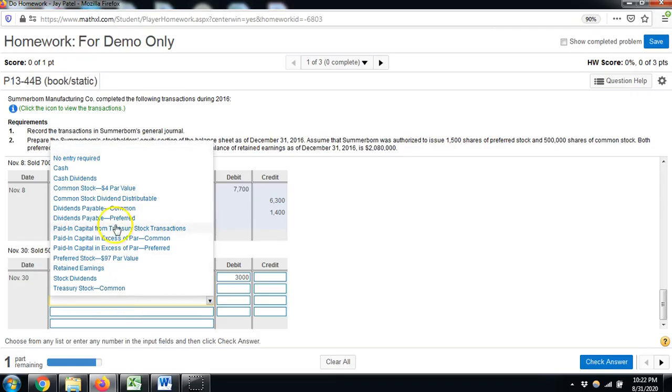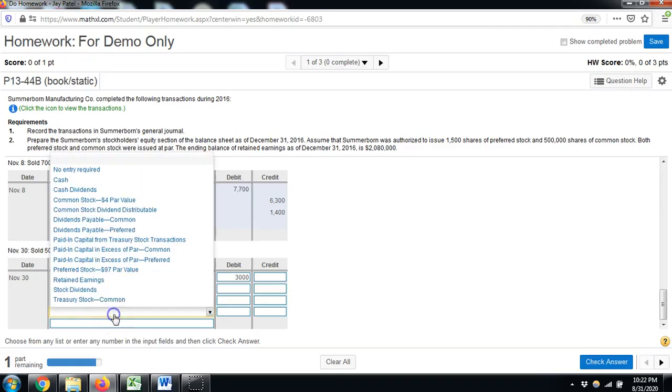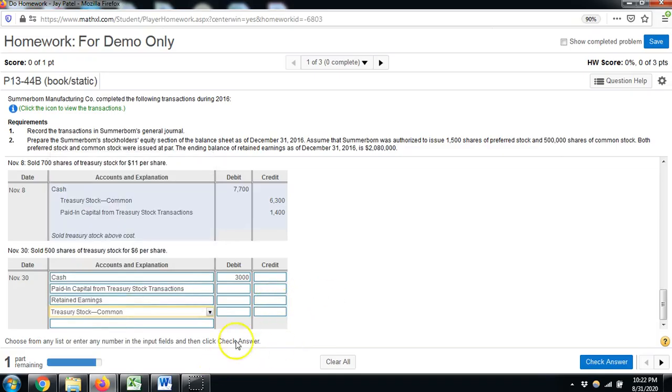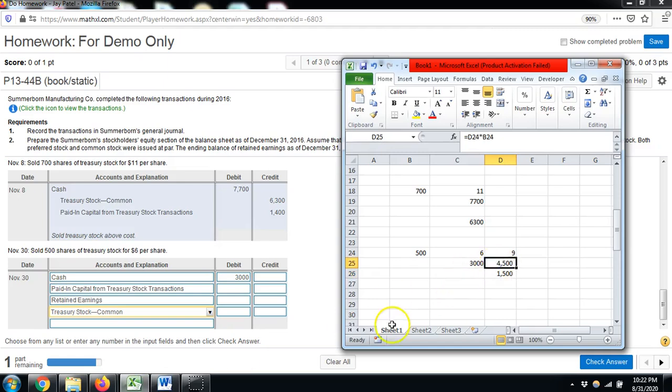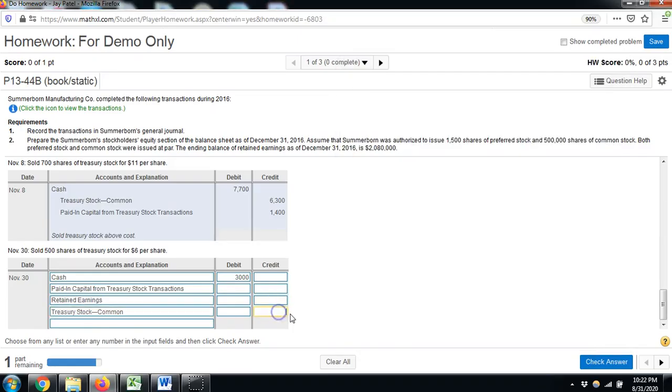So let's see how this is going to work. So basically we have our numbers here. This treasury stock was worth $4,500, so we're now basically going to reduce that balance, or rather, yes, sorry, reduce the treasury stock balance.